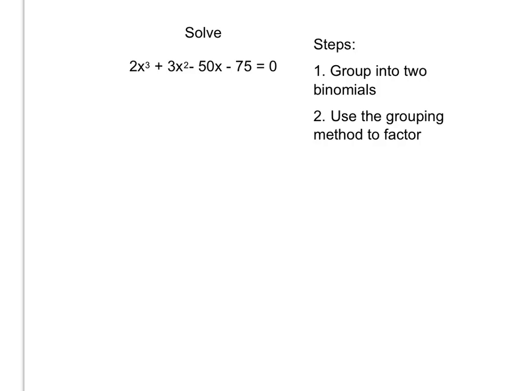So basically what I'm going to do is, instead of having a polynomial, I'm going to group it into 2 binomials. So we're going to take 2x cubed plus 3x squared, and look at that as one binomial.